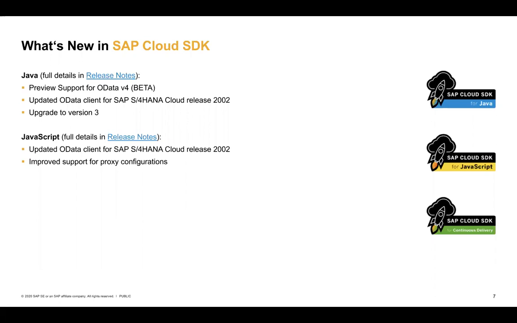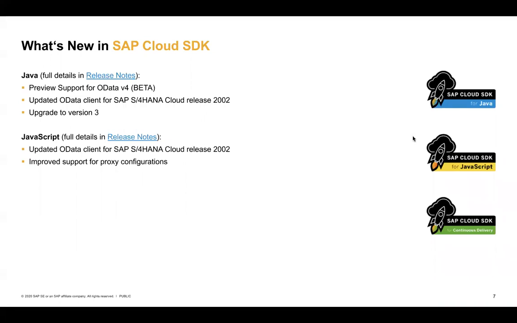With our final release from last week, we added new libraries for OData v4, and at this point I want to emphasize that they are still beta, so feel free to use them and to try them out, but keep in mind that APIs might change.